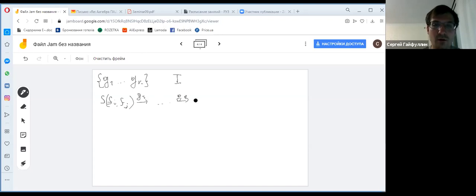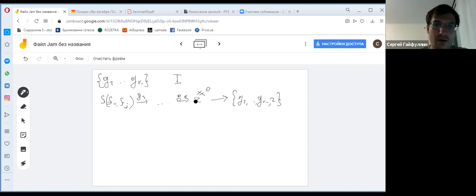I reduce it to some remainder R. If this R is not 0, then I should add it to my system, and I get the system G1, and so on, Gk, and R. And now I deal with this system.